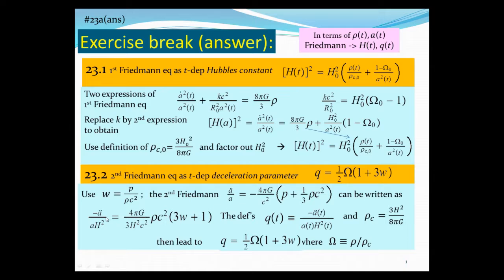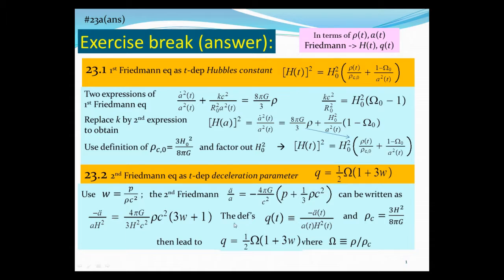So I have a minus ä over aH squared on the left hand side. Here take out the minus sign, 4πG over H squared. Now I'm going to factor out 1/3 of ρc squared, the density. The last term is just 1, but the first term, because I have the pressure over that, is w, so I have a factor 3w.